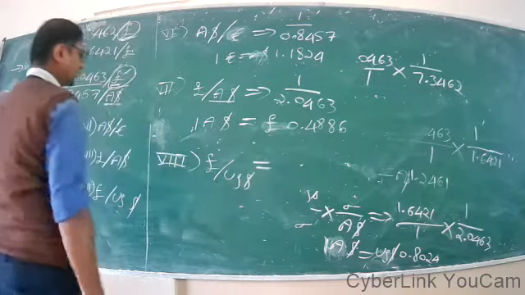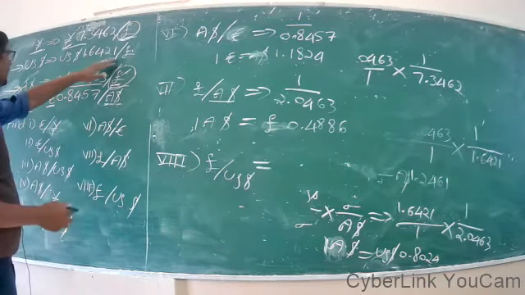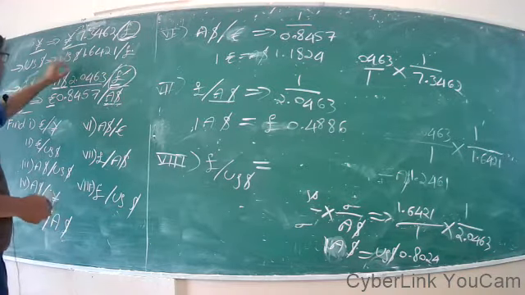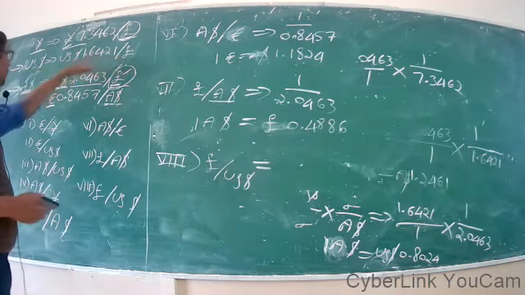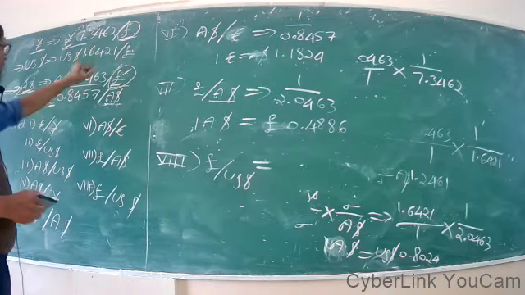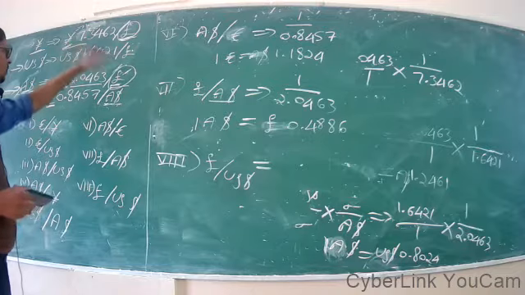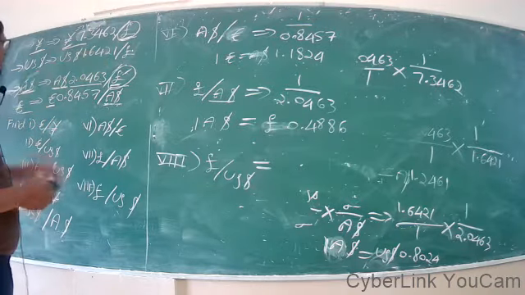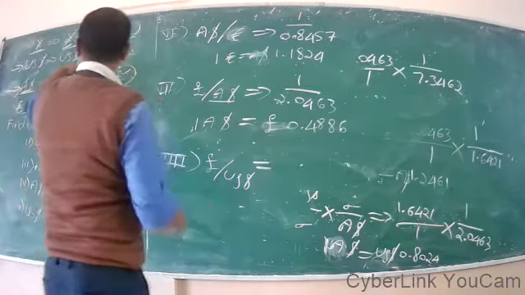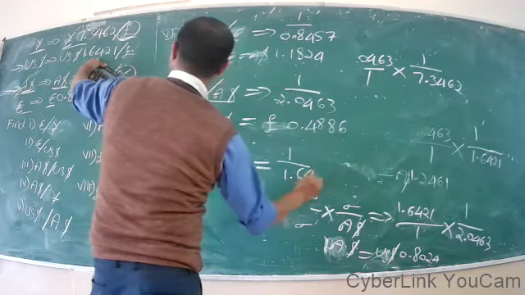US dollar per sterling pound is given in the problem. In the given quotation it is given as 1 sterling pound is equal to US dollar 1.6421. Now they are asking to calculate, for 1 US dollar, what will be the value of sterling pound. So sterling pound per US dollar is equal to 1 divided by 1.6421.